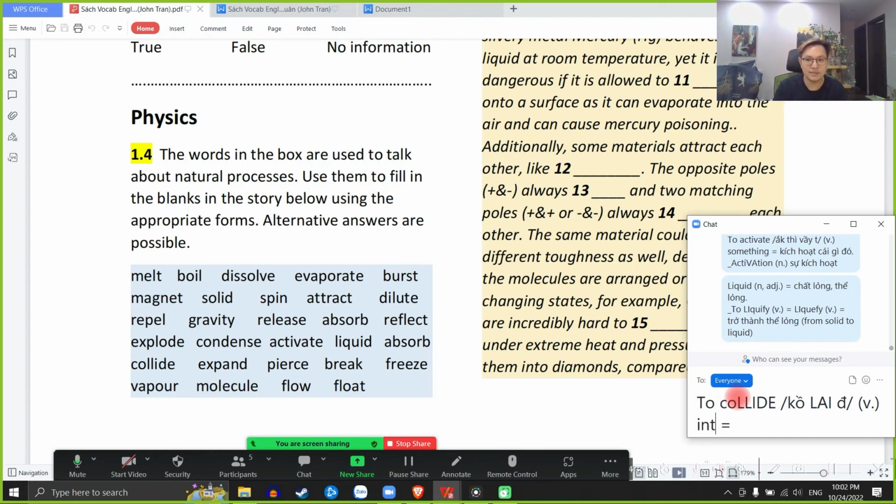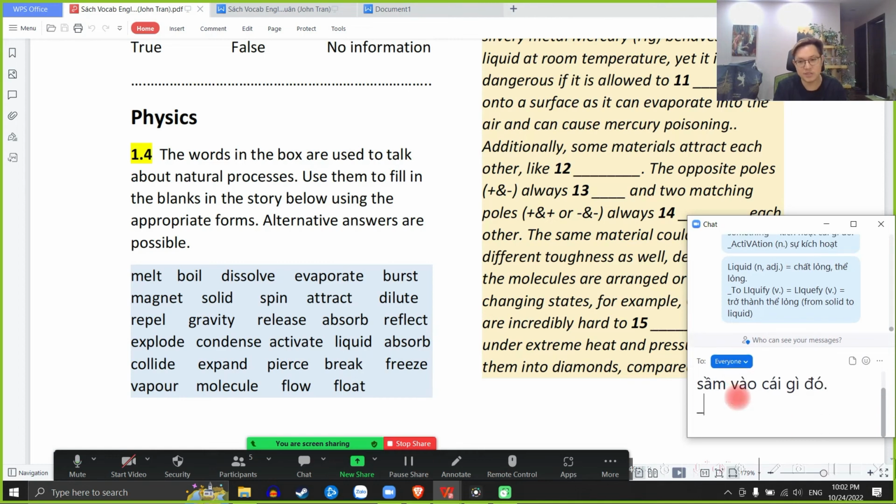Đâm sầm vào cái gì đó. The noun form is collision. Sự va chạm, cú va chạm.